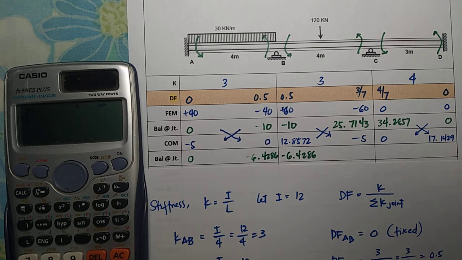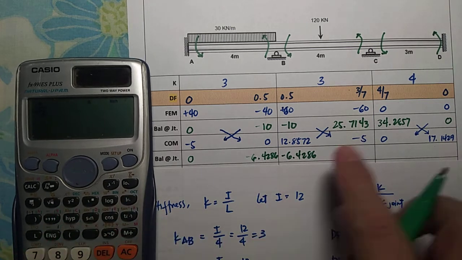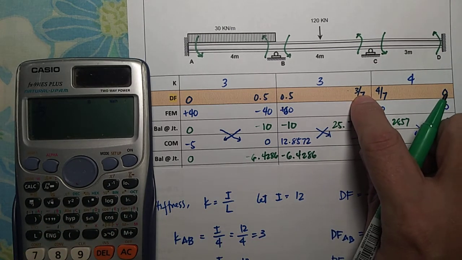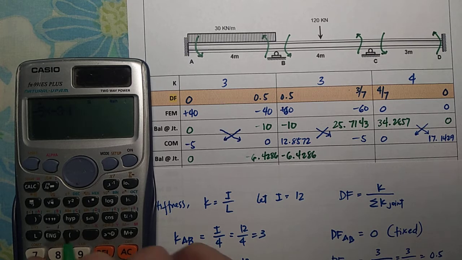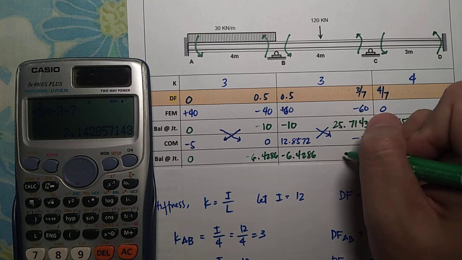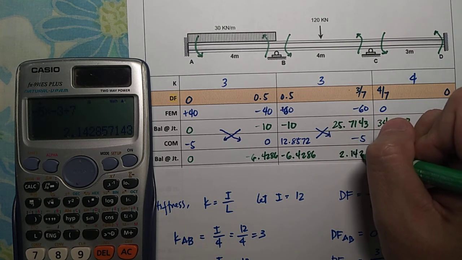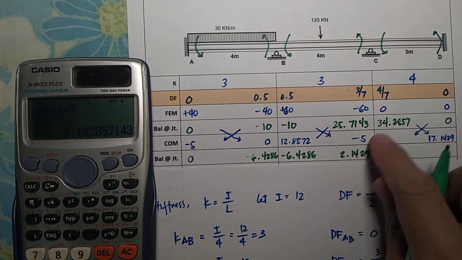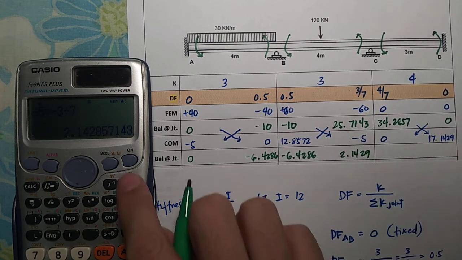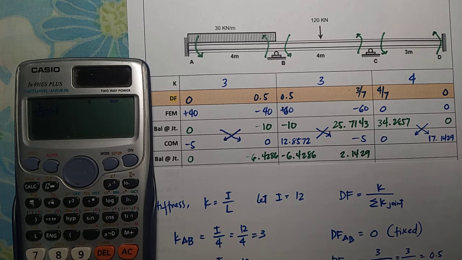So, the unbalanced moment is negative 5. Diba? So, negative 5 times the negative of 3 over 7 times the negative of 3 over 7. So, this is 2.1429. Okay? Tapos, dito naman sa 4 over 7, negative 5 times the negative of 4 over 7.